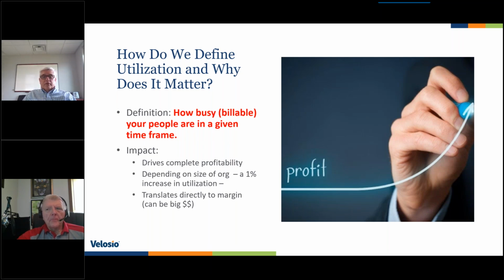Well, Rich, I think the big thing is that it completely drives profitability. Because it is what you bill for, clearly the more hours that your team can be utilized, the more revenue that you will drive. One of the really important things is that incremental increases in utilization can drive significant increases in profit margin as well.